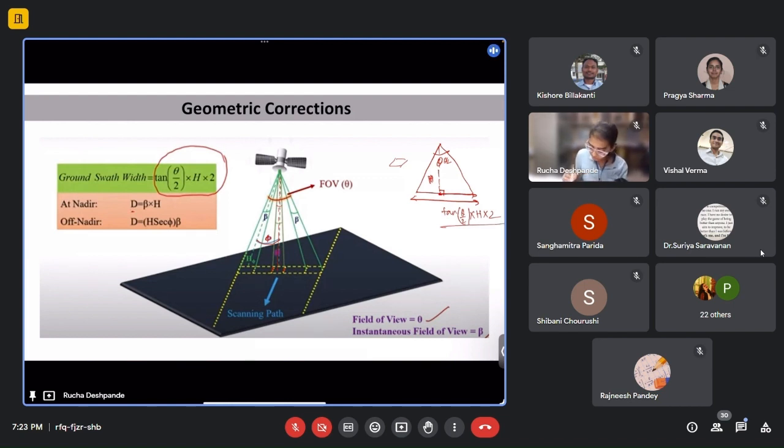So d is equal to beta into h, where beta is the IFOV, measured in radians, and this is the height. Off nadir, it gets a little distorted.